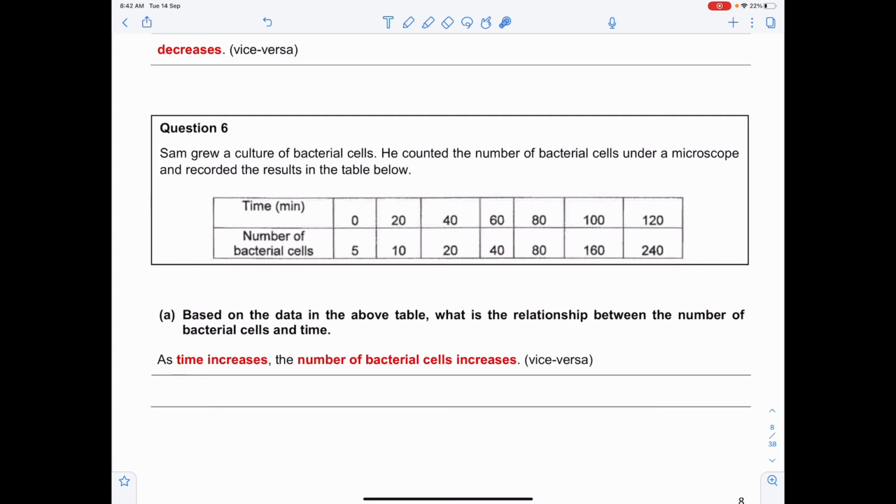So for hypotheses, there is no graph, no data. You have to predict based on your scientific reasoning. So they will give you some background knowledge and then ask you to come up with a hypothesis. Something that I'm very familiar with, I would say, if light intensity increases, that's my change variable, rate of photosynthesis will increase. Why?